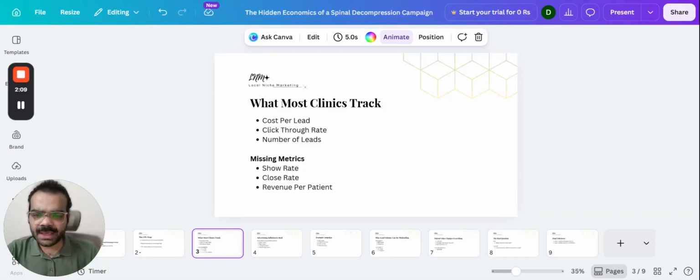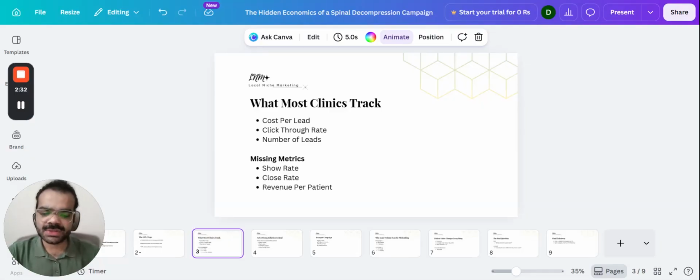If you are tracking funnel metrics such as cost per lead, click through rate, opt in rate, things like that, and you want to become a successful business in the chiropractic space, then you need to track show up rates, close rates, and revenue per patient.